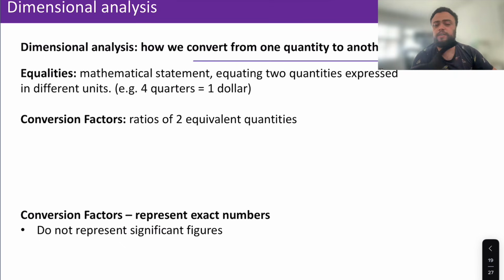So you probably have done this before, converting quarters to dollars, converting miles per hour. That's what we call a conversion factor: two equivalent quantities. You could have 1 inch is equal to 2.54 centimeters.